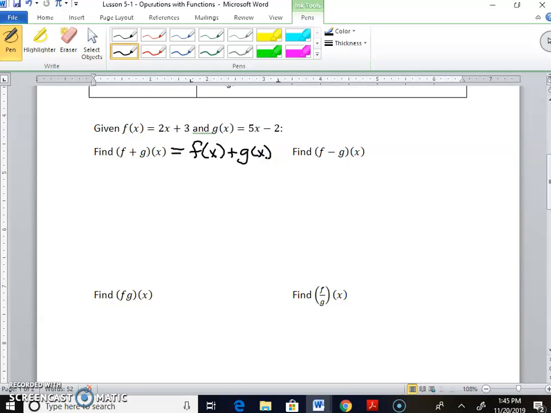So all I'm going to do is look at what my f of x is. Well, f of x is 2x plus 3. So I'm going to have 2x plus 3 plus my g of x, which is 5x minus 2.